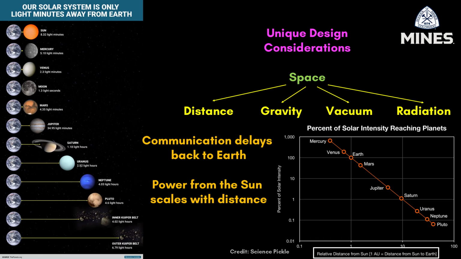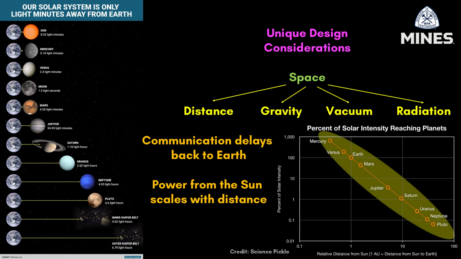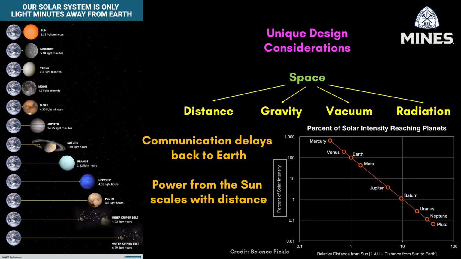So you can see our planets, Mercury to Pluto, and you can see a trend that's decreasing as the distance increases. The y-axis is the percent of solar intensity on a log scale. So you'll notice that the tick marks increment in magnitudes of 10 in units of percent. The x-axis is the relative distance of each planet from the Sun, also in log scale in units of AU or astronomical units.